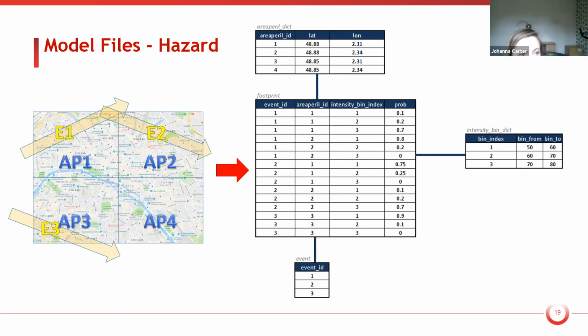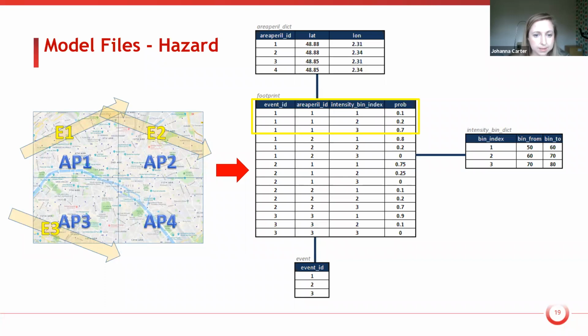So what this data represents then is, for each event, for each area, what the intensity is. And I just want to focus on the first 3 records of this table, because there's more than one possibility. There's a possibility, or probability, I should say, of intensity bin 1 of 10%, 0.1, of 2 of 20%, and 3 of 70%.